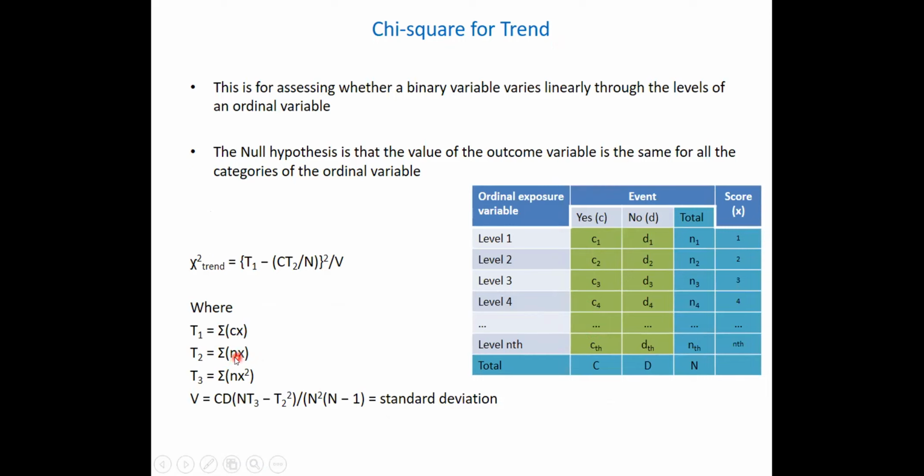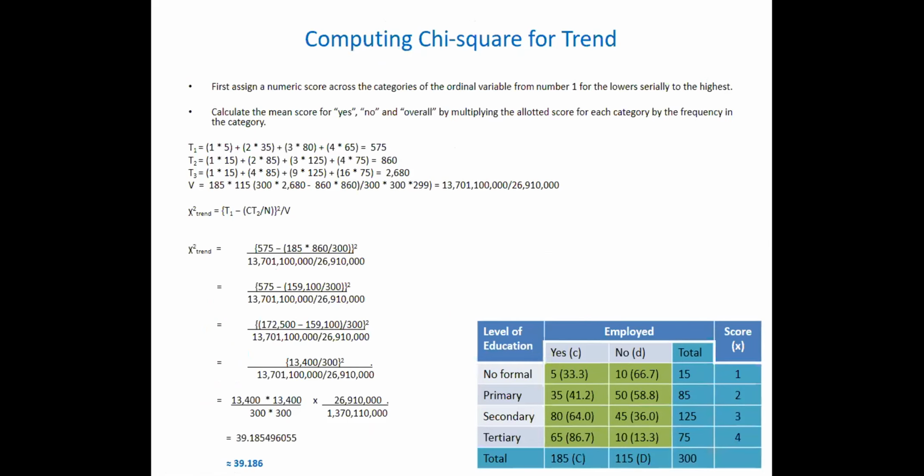T2 is the sigma of your total n times the score. T3 is the sigma of n times the square of the score. And V is (N times T3 minus T2 squared) over N squared times (N minus 1). It looks a little bit complicated, but if you follow it, it will just give you the answer. So when you put in all those values, it gives you this.